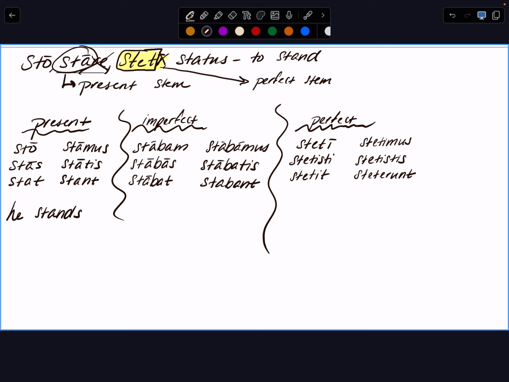How would I say it in the imperfect? He was standing. You can also say he used to stand. And in the perfect, just like the simple past in English, he stood.